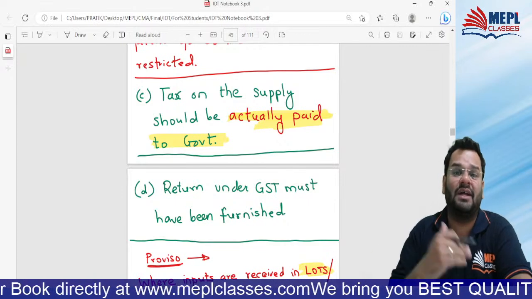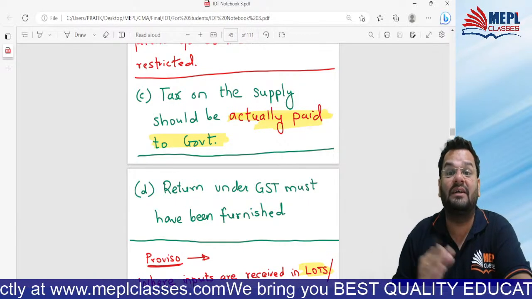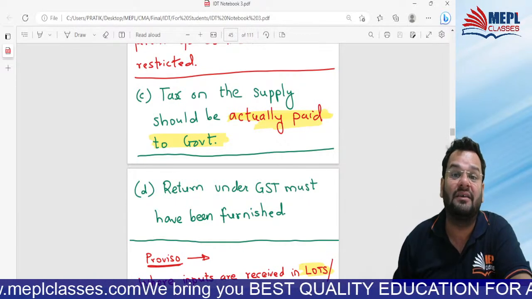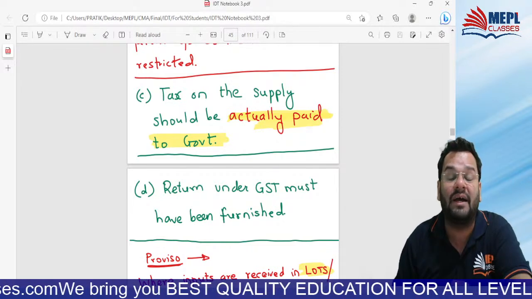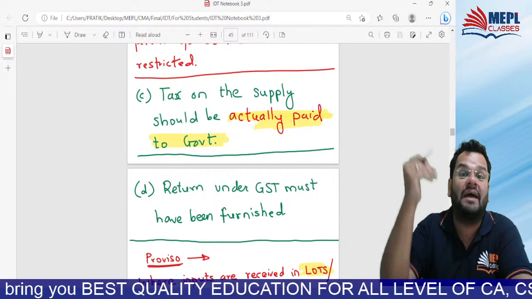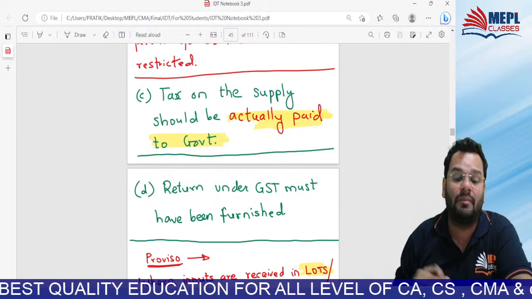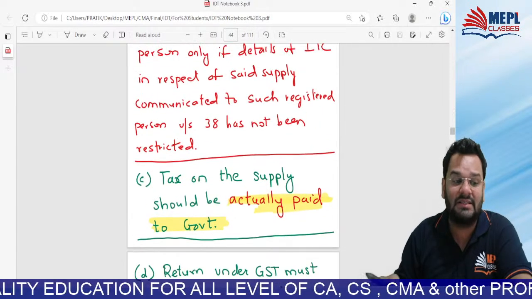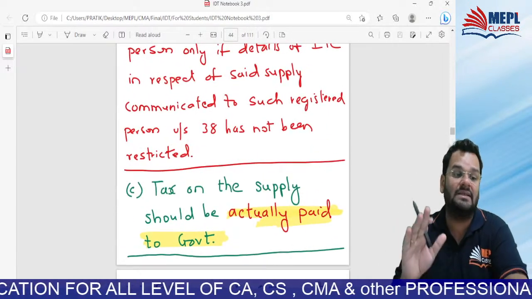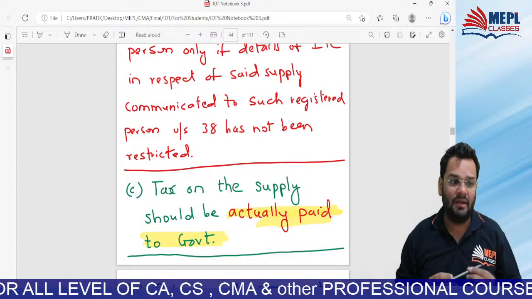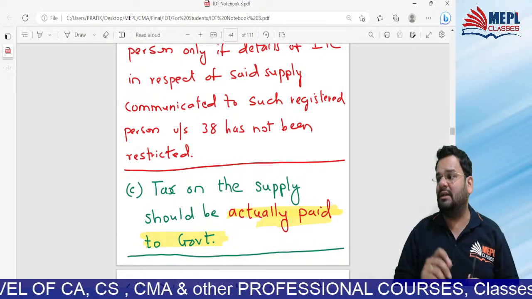The return should be furnished by the one who wants to claim ITC, and tax on the supply should be paid to the government. When these conditions are satisfied, then ITC can be claimed.